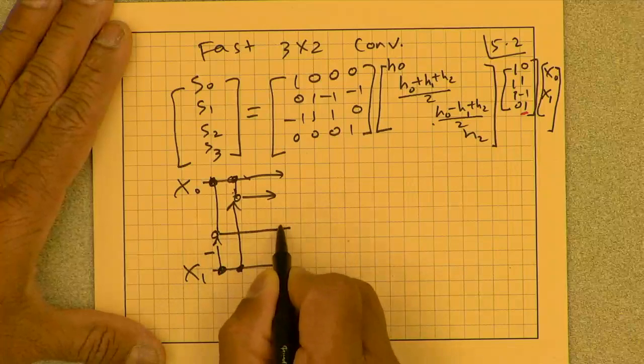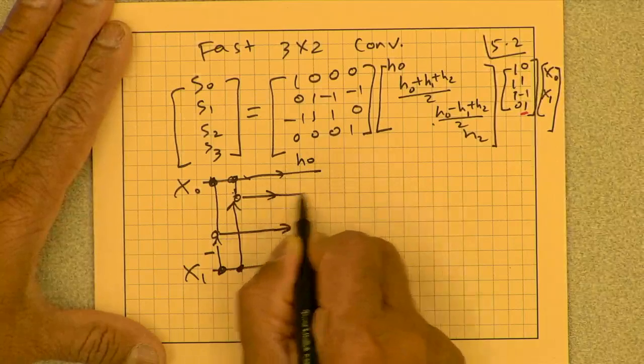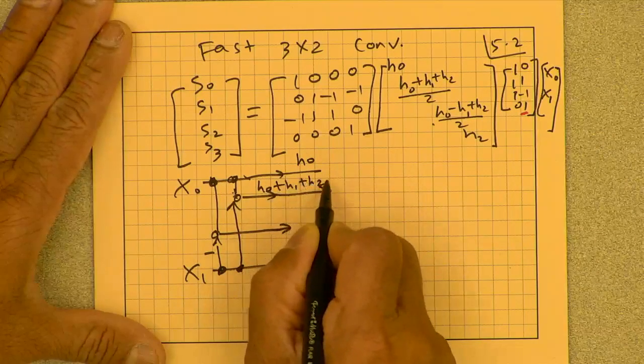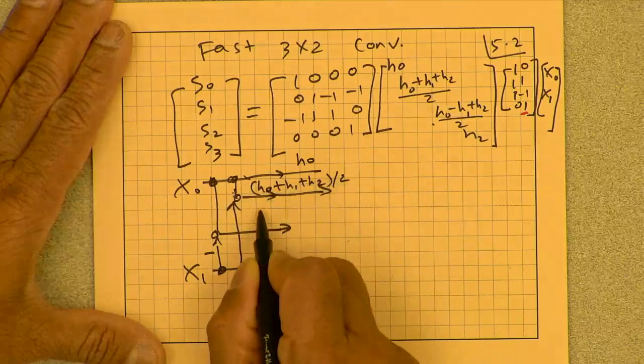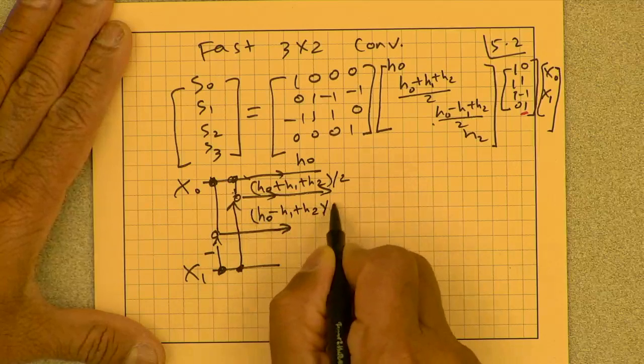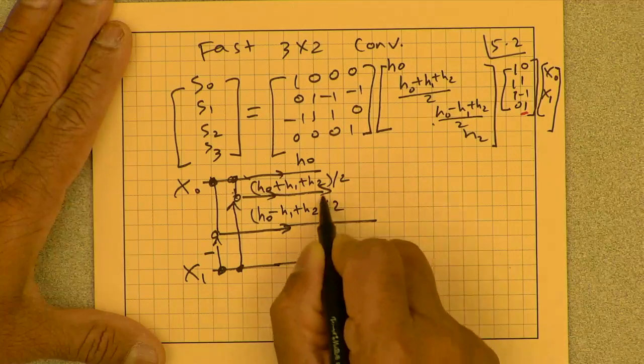This is multiplied by h0, this by h0 plus h1 plus h2 over 2, this by h0 minus h1 plus h2 over 2, and finally h2.